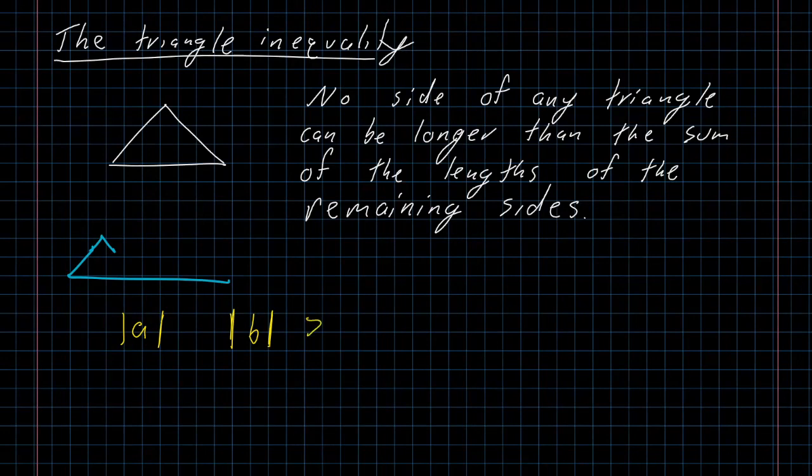So that means that if I take these two sides and add them together, it has to be greater than or equal to what I would get if I put those two sides together and got the whole distance before taking the absolute value.